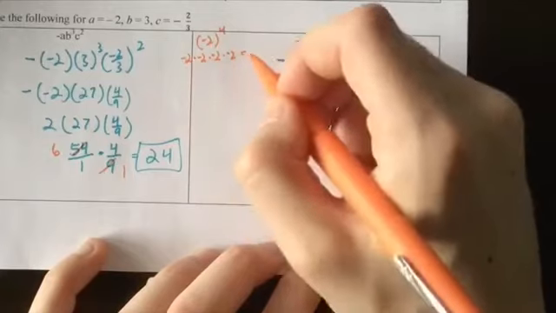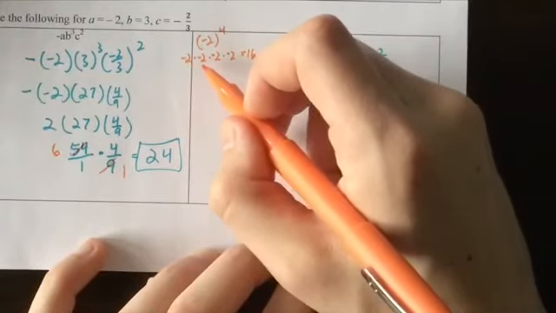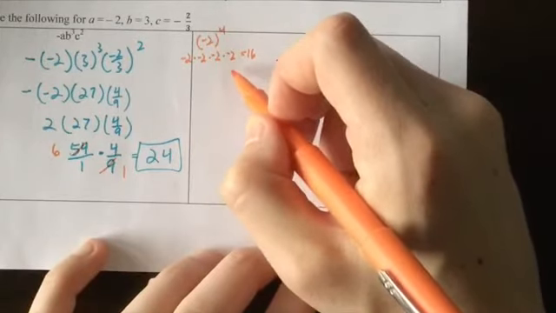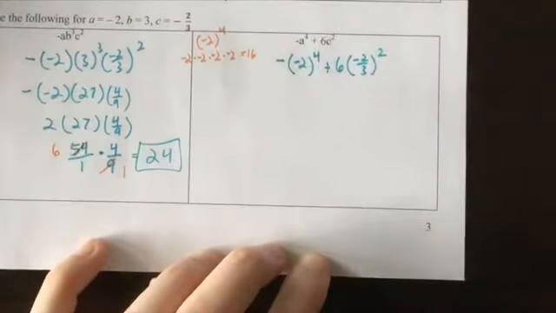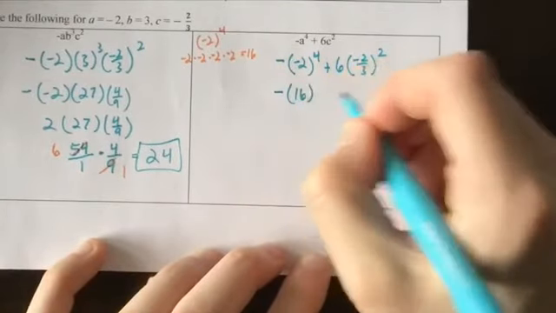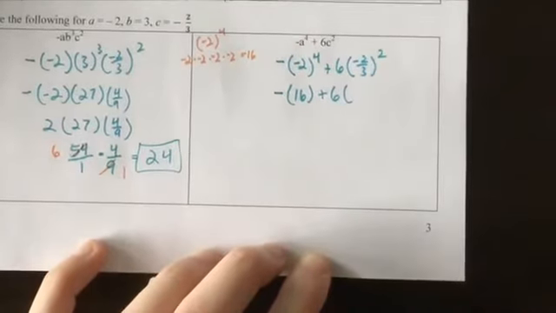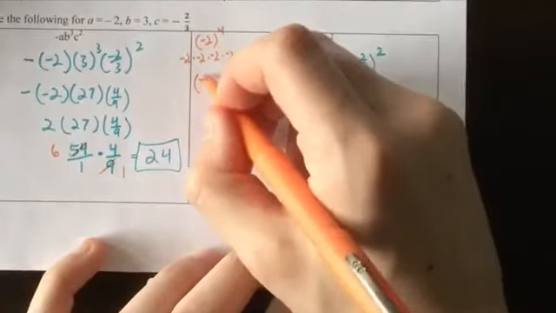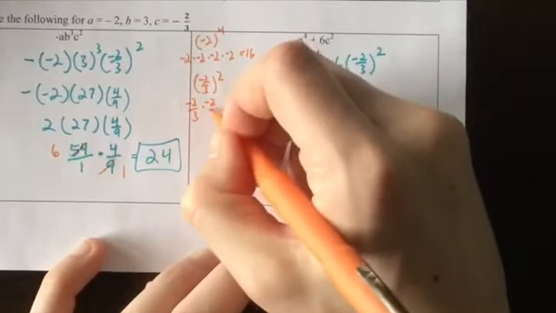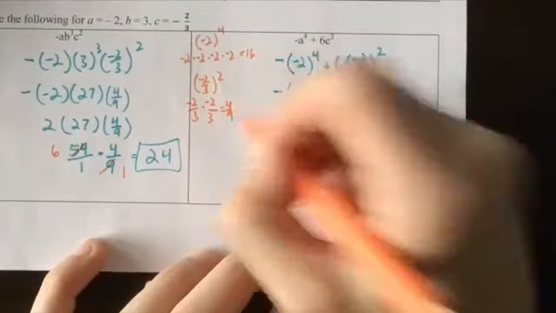That's going to give us a +16, right? -2 times -2 is +4 times -2, -8 times -2, +16. Okay, so that means we're going to have negative and then 16 plus 6 times, and then that -2/3 squared, right? -2/3 times -2/3 is going to be +4/9.